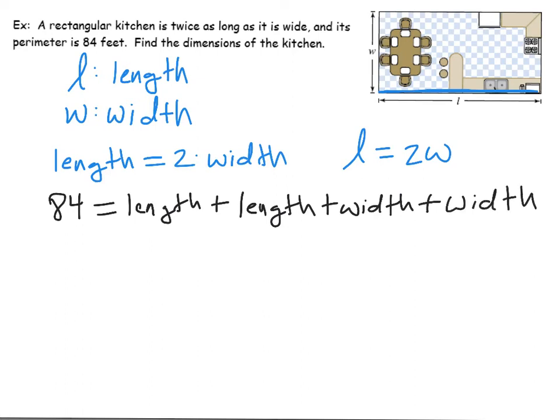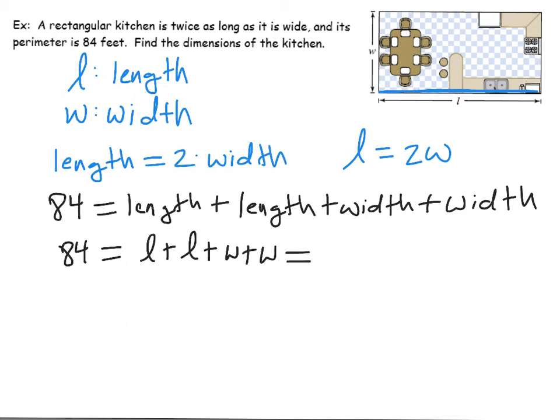After writing all that, you can start to see why you choose to just define variables. Why don't you just say L plus L plus W plus W? I'm working my way towards the equation I want to solve.